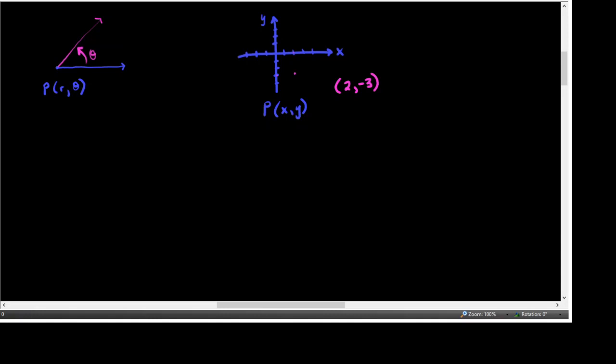And then we're going to go out along that ray a distance of some amount, and so let's say it's at 3 or something. Then that point would be located by how far the angle has rotated around from the polar axis and how far the point is from the pole. That's what r represents.